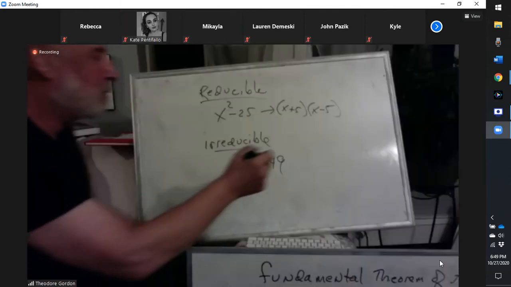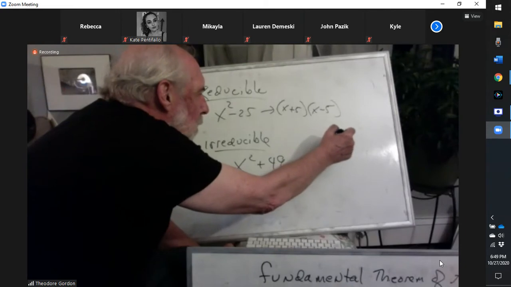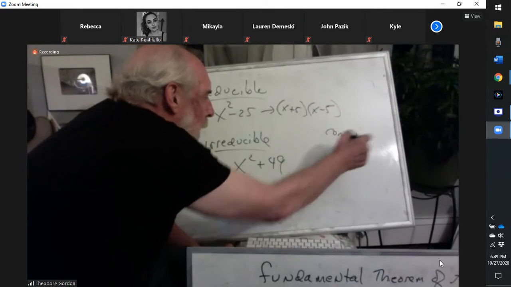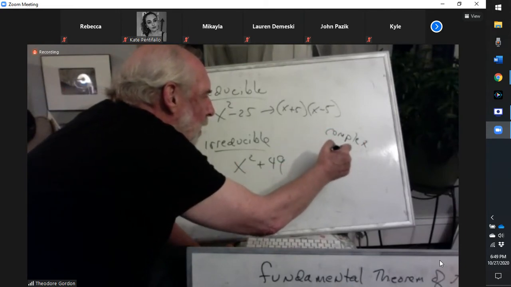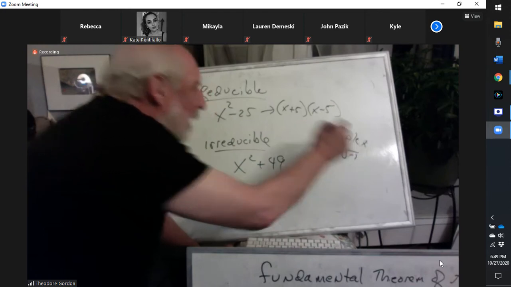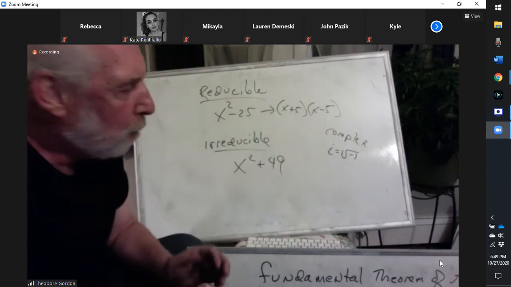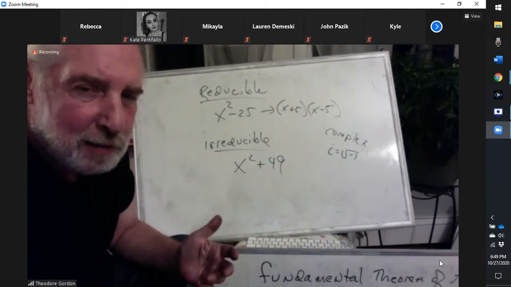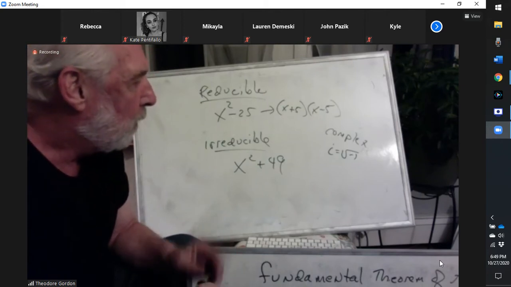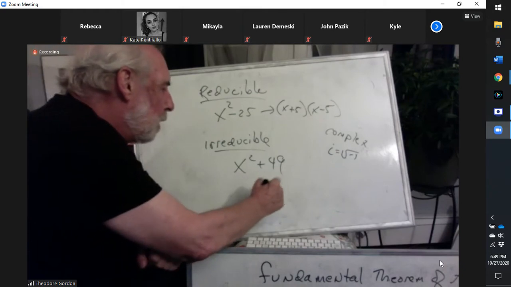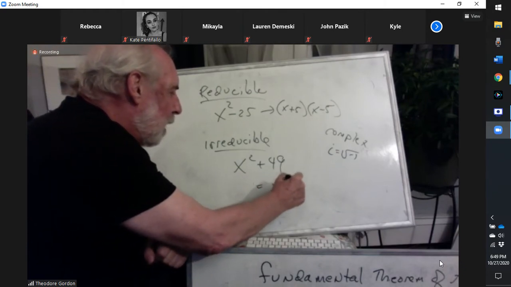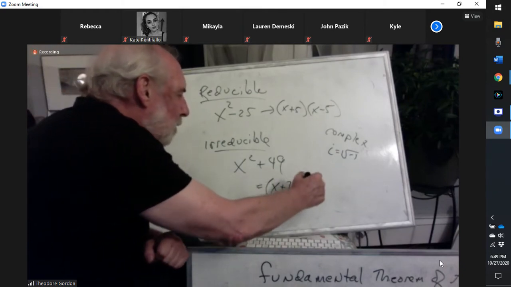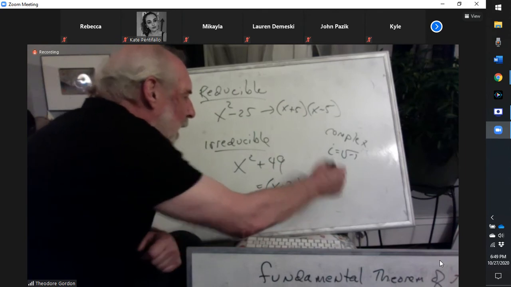So we have these complex numbers where i is equal to the square root of -1. Probably the only time you've seen these is in a pre-calculus class. So this can reduce into x plus 7i times x minus 7i.